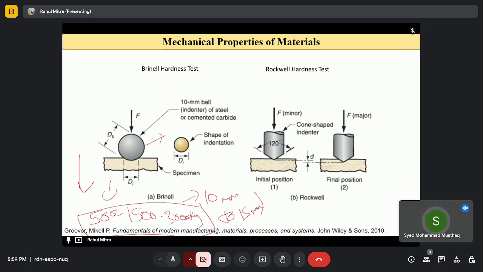This is the load that can be varied, and the load is then divided by the indentation area to obtain our Brinell hardness number.